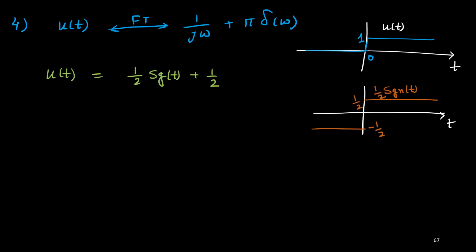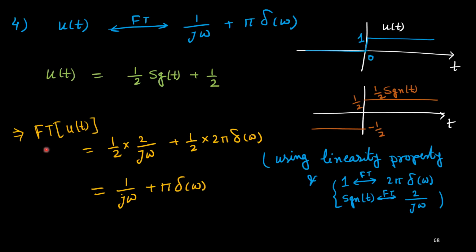Now I can take the Fourier transform of u(t). For this one, we have already got the Fourier transform, it is 2 upon j omega. And we know the Fourier transform of DC: for DC, the Fourier transform is 2 pi delta of omega. Then we can take the linear combination, so its weightage is half.